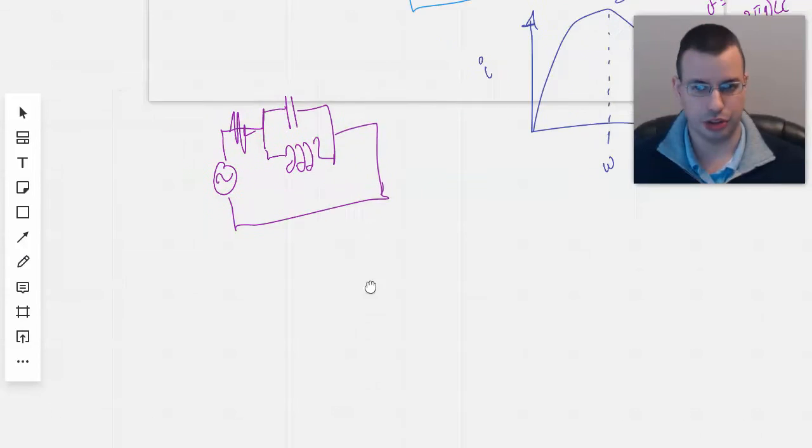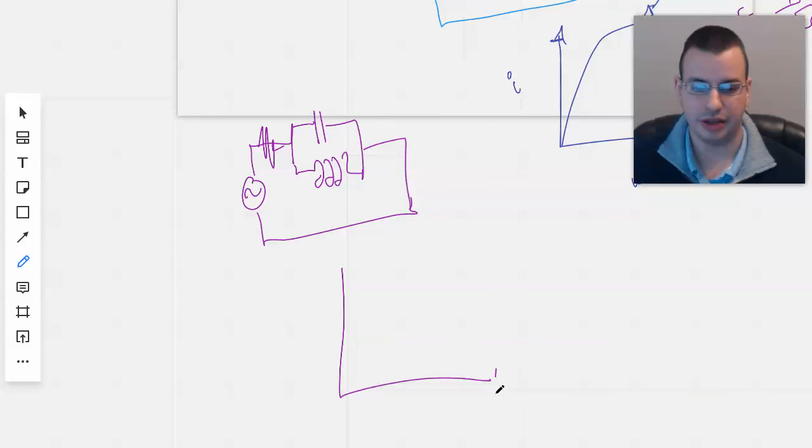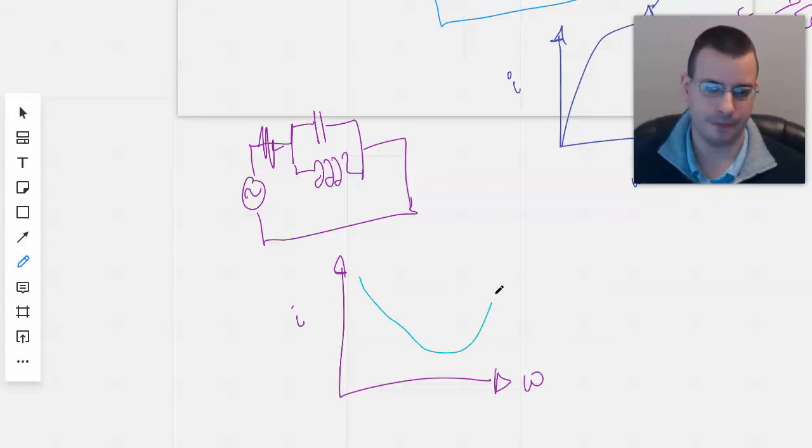Long story short, what you get then, instead of having a specific frequency that goes through, you have a specific frequency that is blocked. So if you have current like this, where maximum current is based on your resistor.